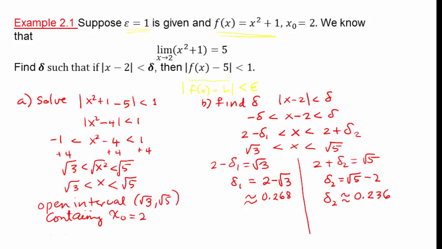So what we do now is we choose the smaller delta as our choice of delta, so that we can get an open interval that's symmetric about x sub 0 equal to 2 that will be contained in this open interval.